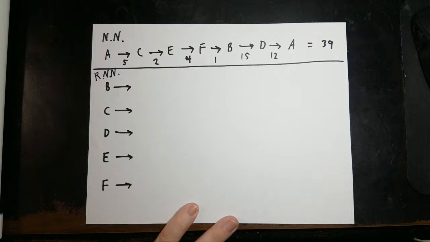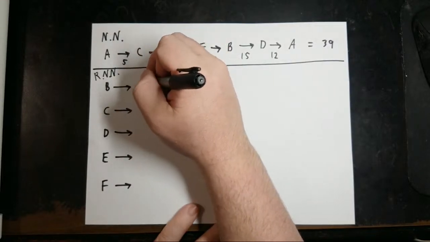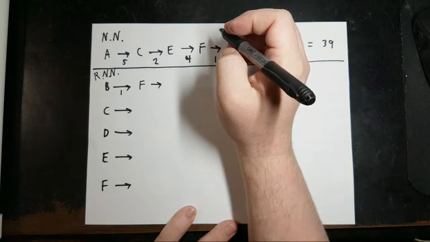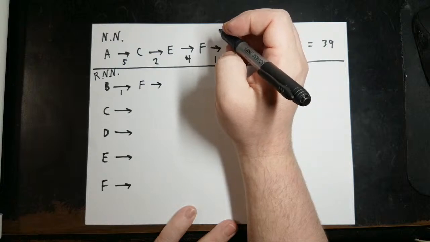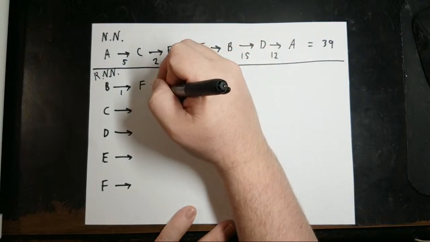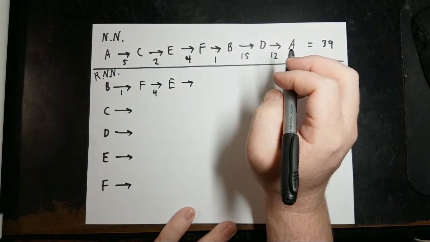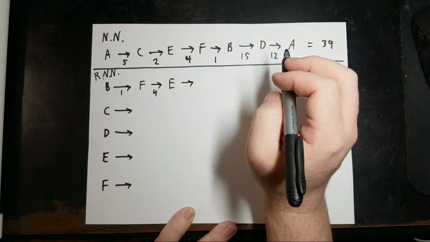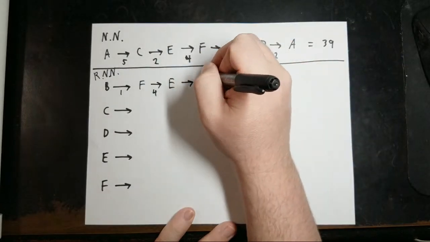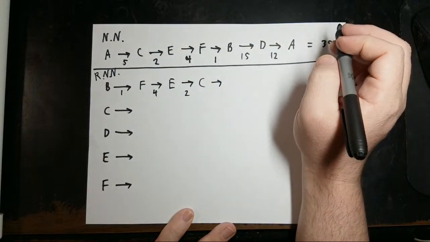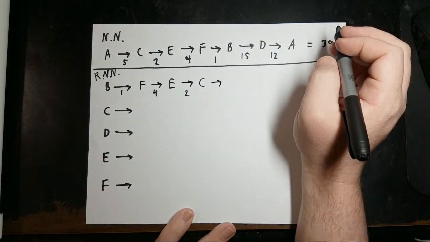So from B, I'm doing nearest neighbor. I got to go F, which is 1. From F, I can go 11, 6, 4, 14. I got to go to E, which is 4. From E, I could go 8, 2. I could go 2. Yeah, let's go 2. We'll go 2 to C. There we go. From C, I can go 13.